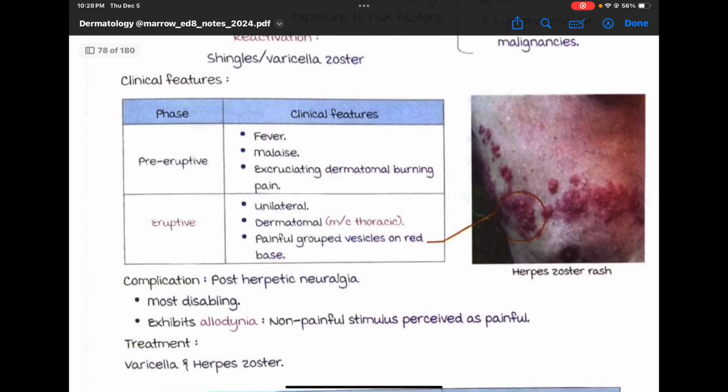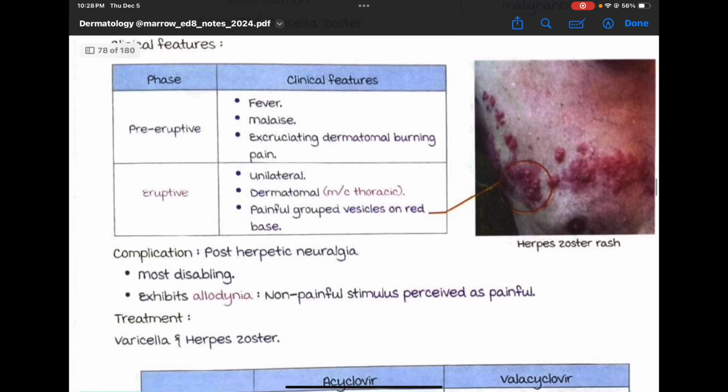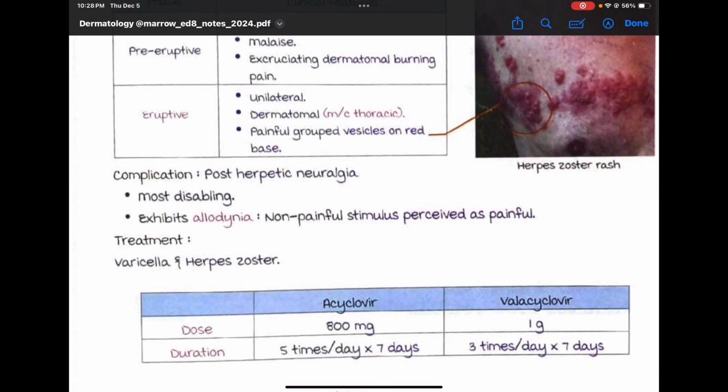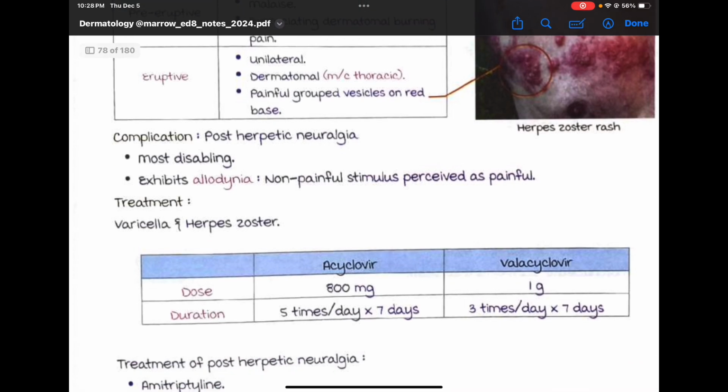Clinical features: fever, malaise, excruciating dermatomal burning pain, eruptive unilateral dermatomal, most common thoracic, painful grouped vesicles on red base. Complication: post-herpetic neuralgia, most disabling, exhibits allodynia, non-painful stimulus perceived as painful.